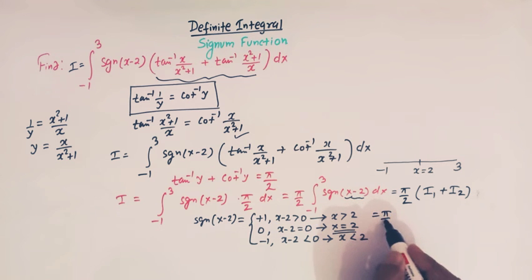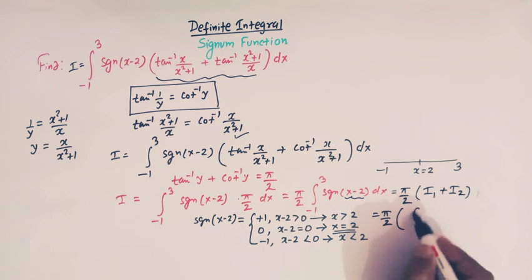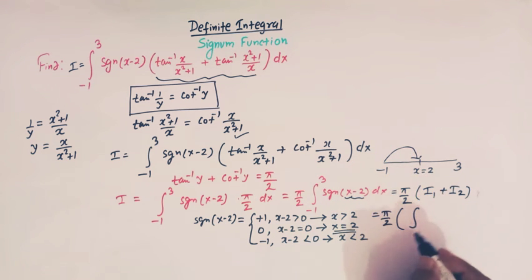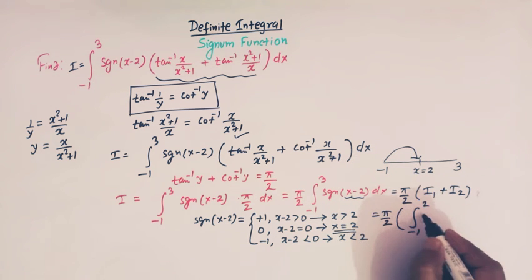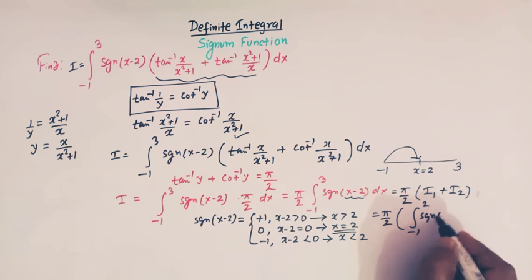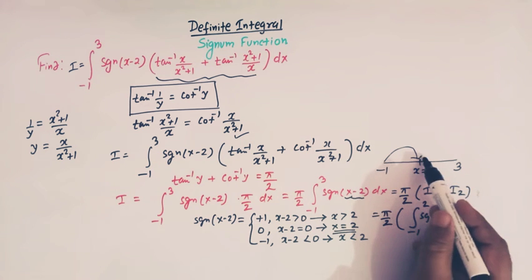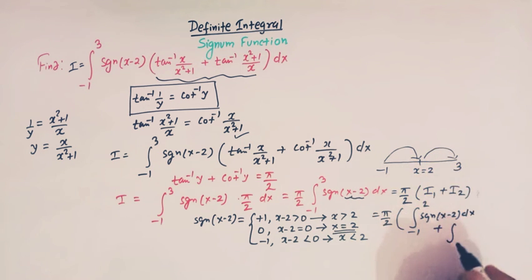I1 is from -1 to 2 of signum of (x minus 2) dx, and the second integral I2 is from 2 to 3 of signum of (x minus 2) dx.